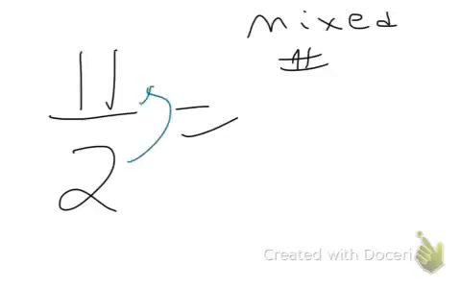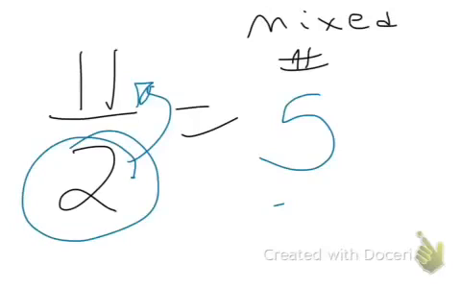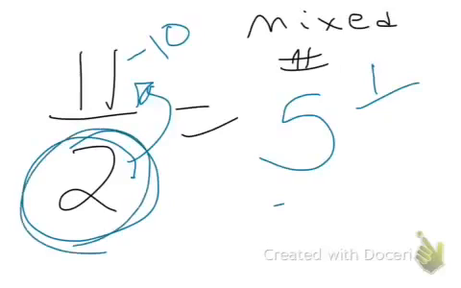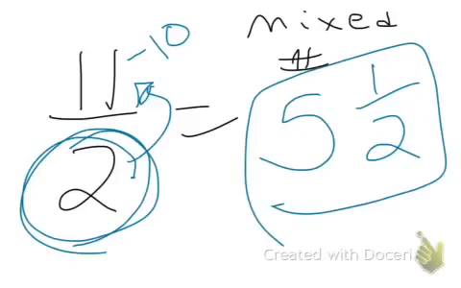How many times does 2 go into 11? 2 goes into 11 5 times. So that means we have 5 wholes. We pulled 5 wholes, where each whole is split into 2, so that means we took out 10, and we would have 1 left, 1/2 left. So our answer would be 5 1/2. Now I'm going to show you how to go backwards and do the same thing the opposite way.